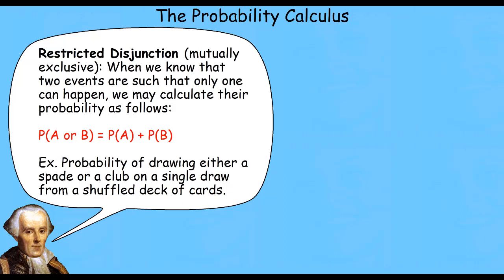So we know that those events are mutually exclusive. We draw one card from a deck. We know that it's either going to be a spade or a club. Can't be both. And so those two events would be mutually exclusive. And so we can use our restricted disjunction rule.